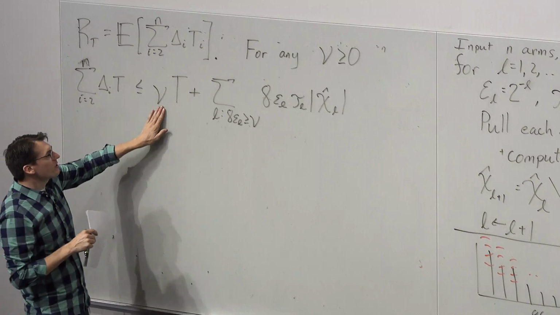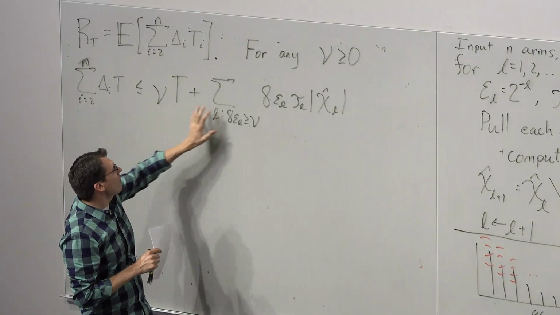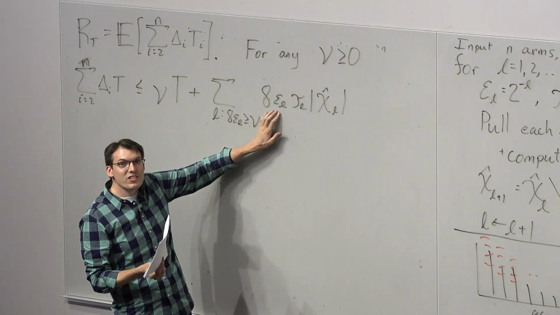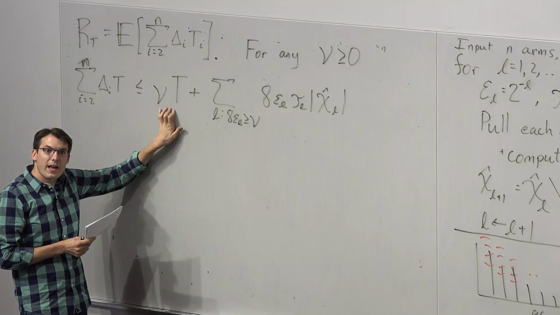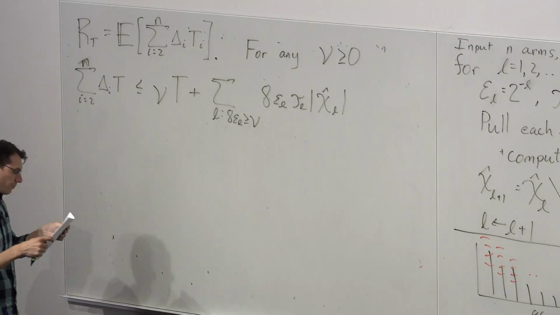But if nu is greater than 0, any arm in this sum where 8 epsilon L is less than nu is basically getting captured by this term here. And so I'm breaking it up into what the gaps are and where I'm incurring regret. Okay? And so this is an upper bound.